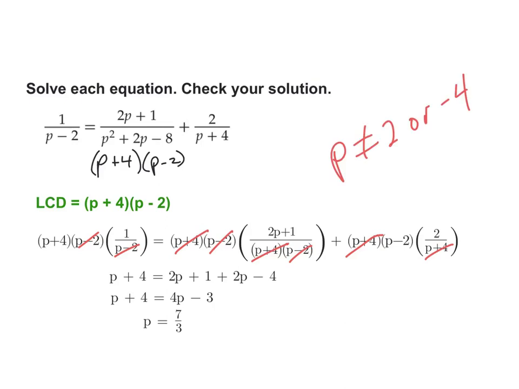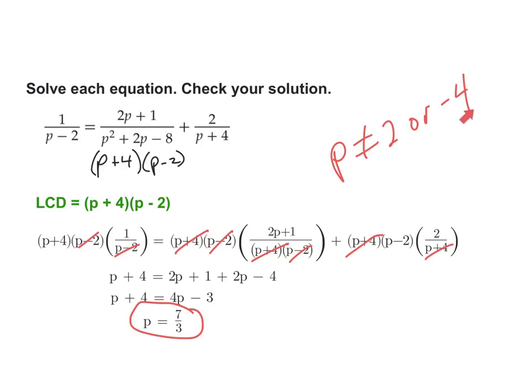So P cannot be equal to 2 or negative 4. And if you want, you can identify those at the beginning, almost like doing the domain. My answer is clearly not 2 or negative 4, so there's nothing wrong with my answer, which means that's my answer. And I'm done.